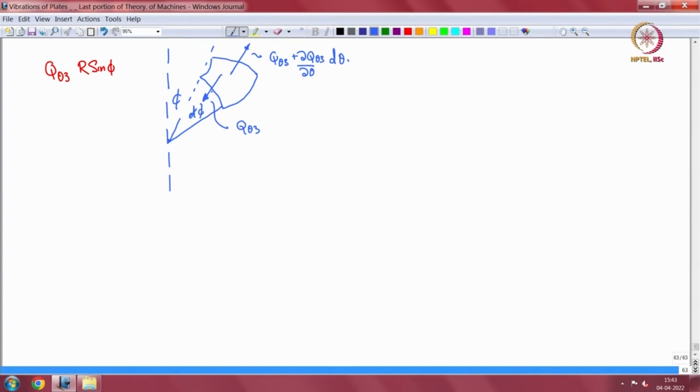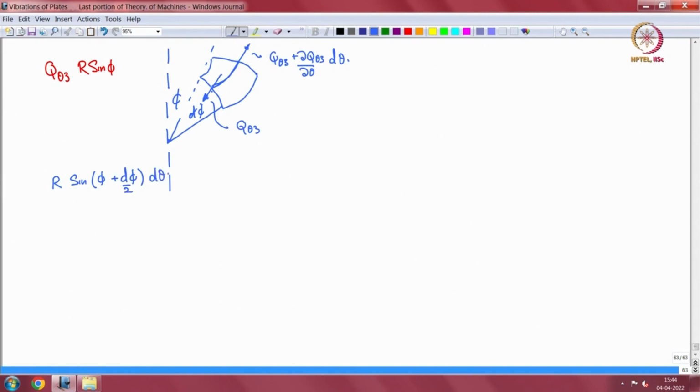because it's a spherical surface. Now, what is this distance? That distance based on A2 is r sin of phi plus d phi by 2 into d theta.